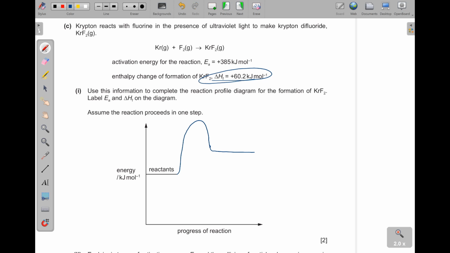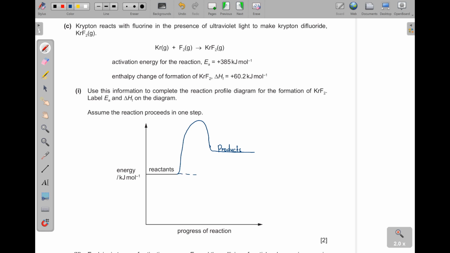The enthalpy of formation here is positive. Since they wrote reactants here, I don't need to put this one here. I will just put products.